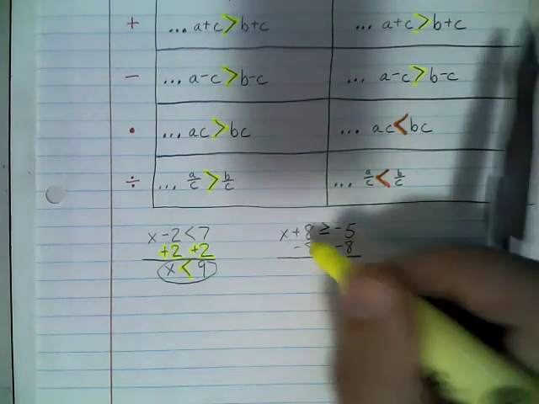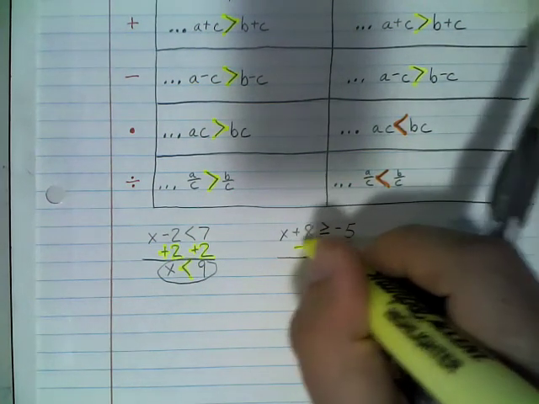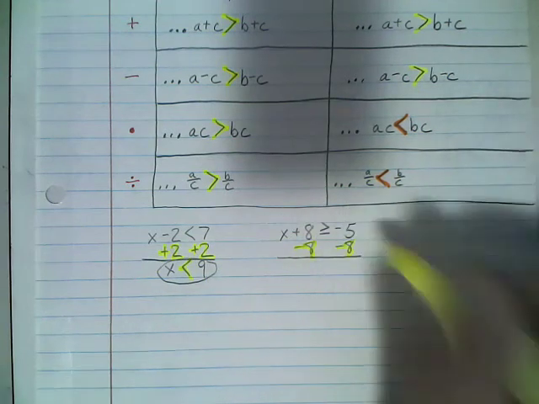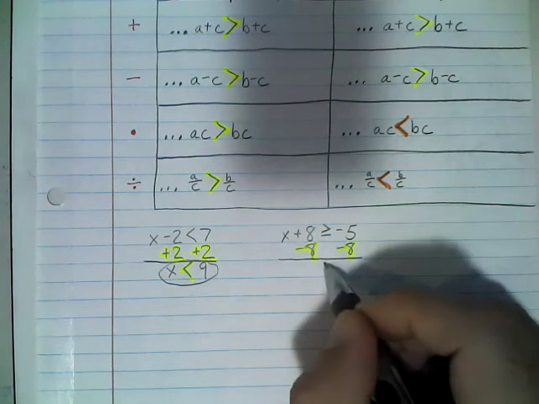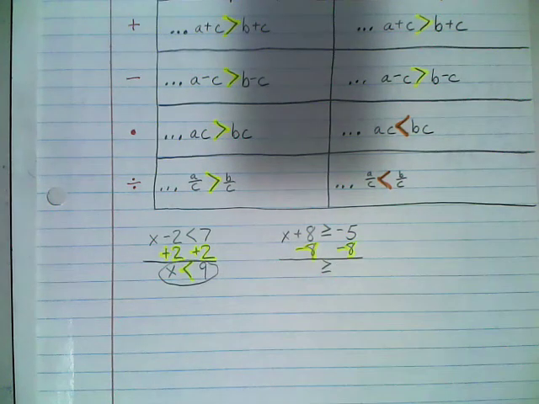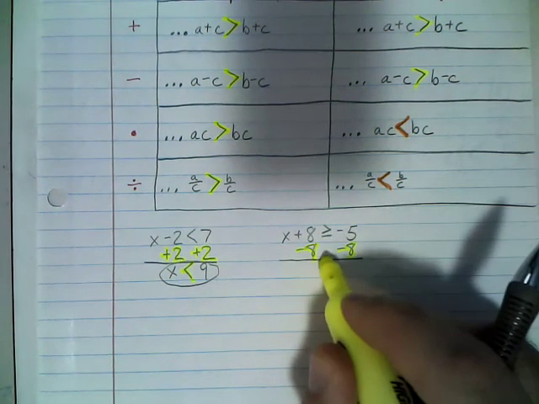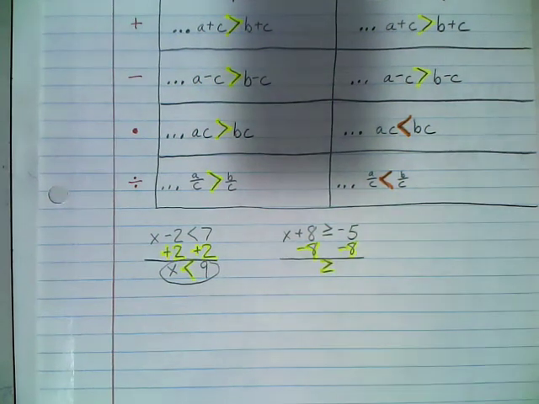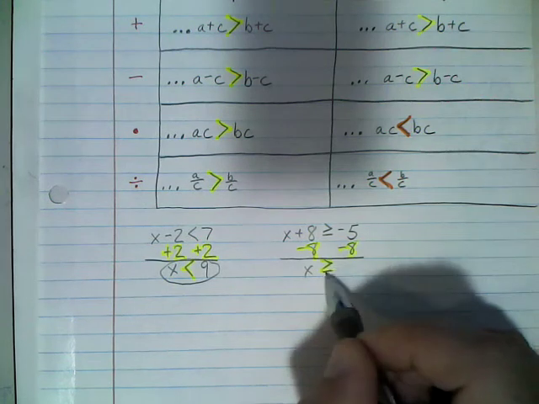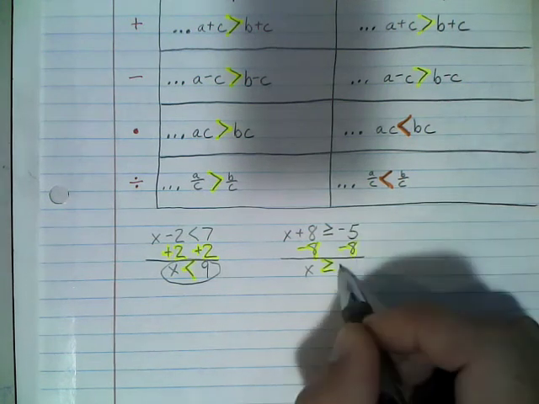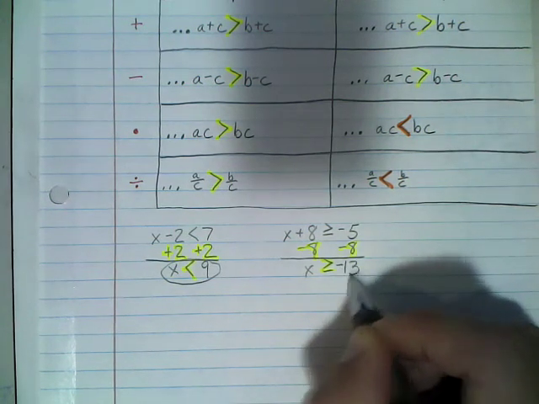So when we subtract 8 here, it's going to be no change in the symbol. So if it was a greater than or equal to before, it's going to be a greater than or equal to after as well. So simplifying this, x then is greater than or equal to negative 5 minus 8, which would be a negative 13.